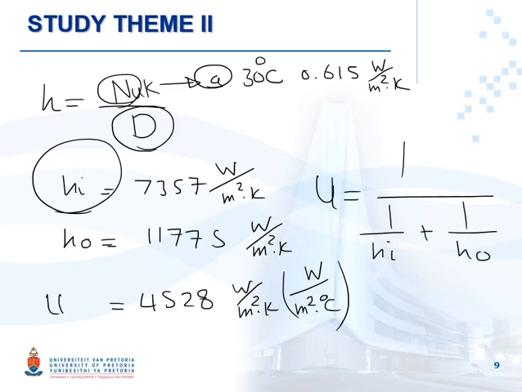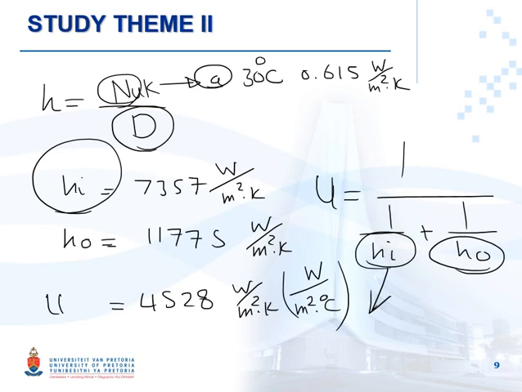So that's the combination of different concepts that I was talking about. Here we said that we are familiar with the concept of overall heat transfer coefficient. We know that, neglecting all the thermal resistances, easily we can say that it's like the internal or average heat transfer coefficient plus the condensation heat transfer coefficient. This one we could find from the chapter of the textbook related to internal flow.